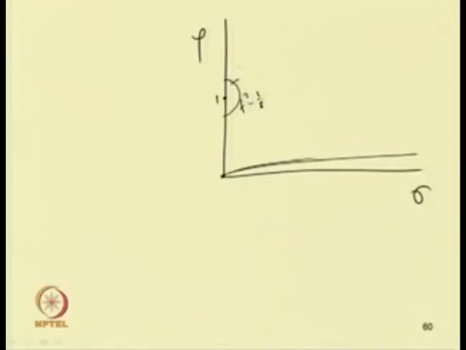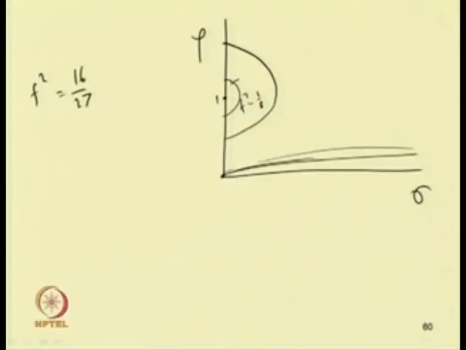Similarly, for f square equal to 1 by 4, one can plot another curve. So, two branches will be there, and this will continue till we have f square equal to 16 by 27.